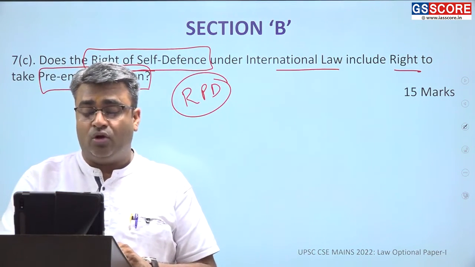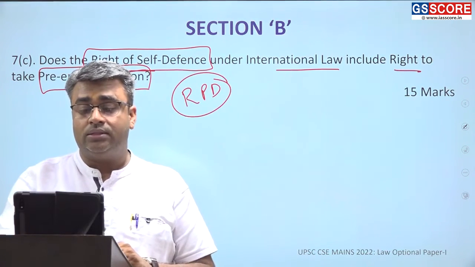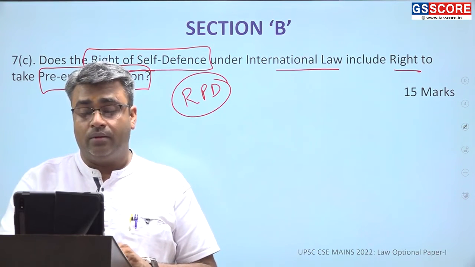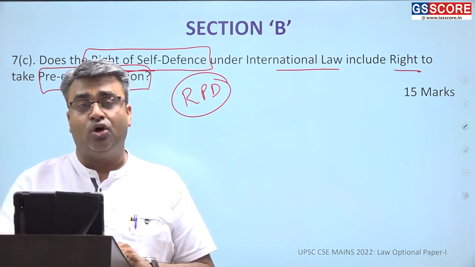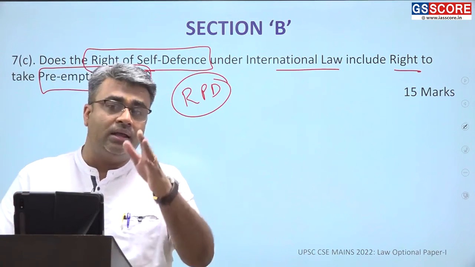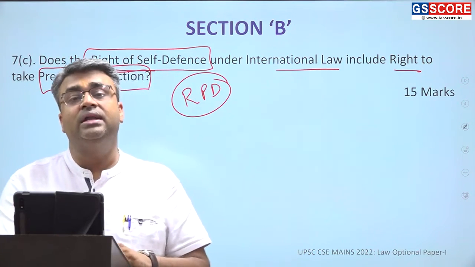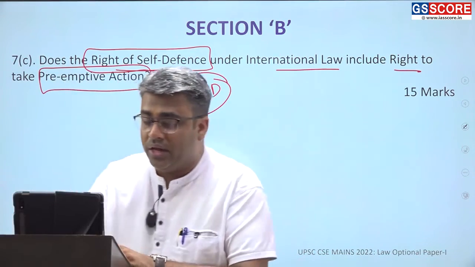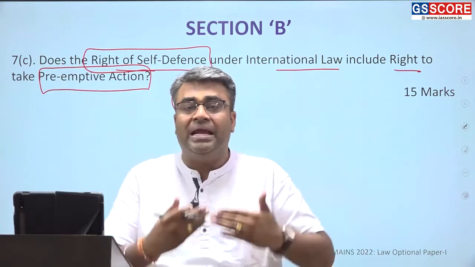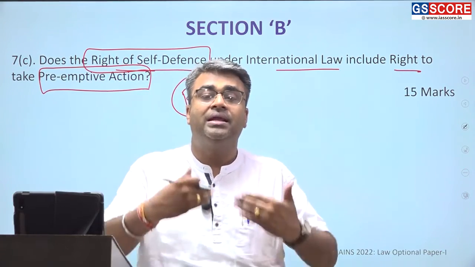Basically, on the very same parameters, under Article 51 of the UN Charter, every country has a right of self-defense. If there is any danger, any risk, any aggression or intervention into the internal matters, sovereignty or integrity of any country, they can take action.